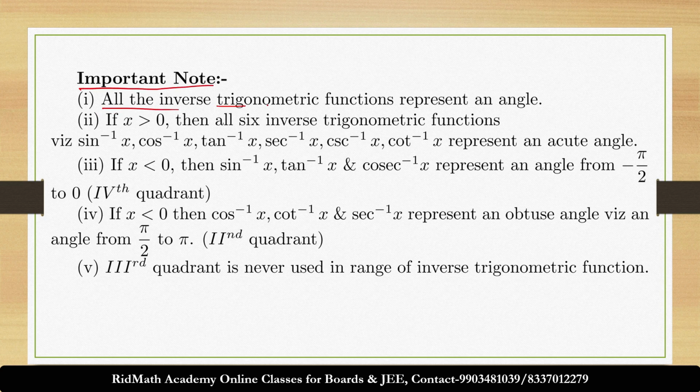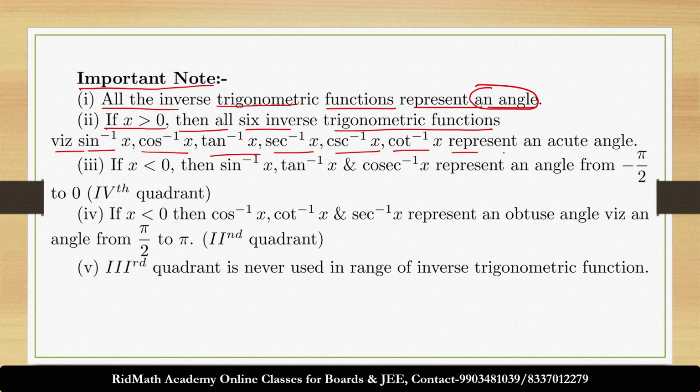All the inverse trigonometric functions represent an angle. So every cos inverse x, sin inverse x or any other ratio denotes an angle. You have to remember this. And if x is greater than 0, then all 6 inverse trigonometric functions, viz sin inverse x, cos inverse x, tan inverse x, sec inverse x, cosec inverse x and cot inverse x, represent an acute angle.